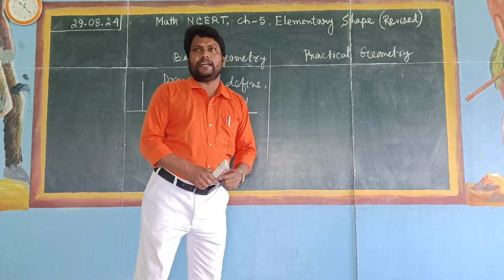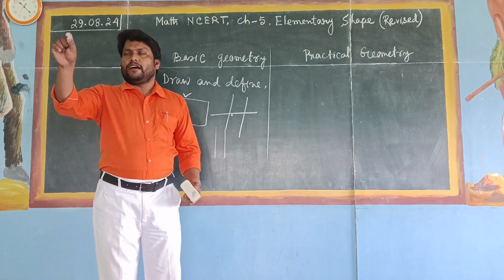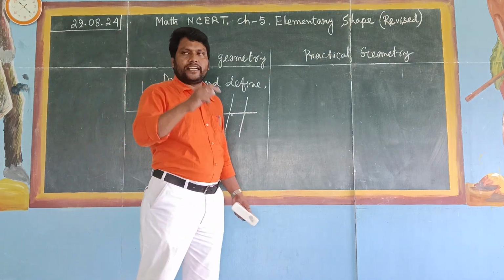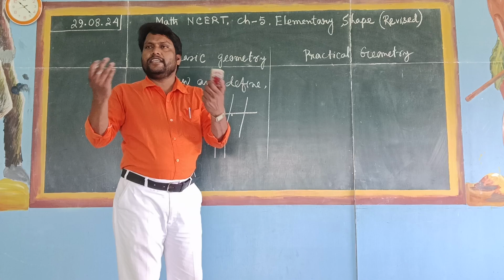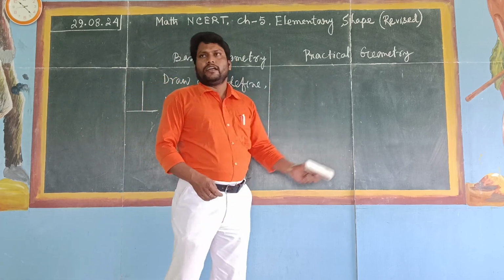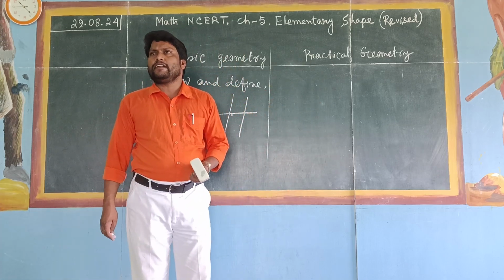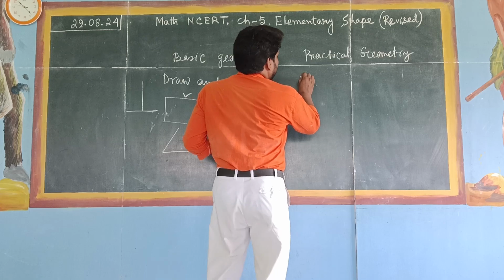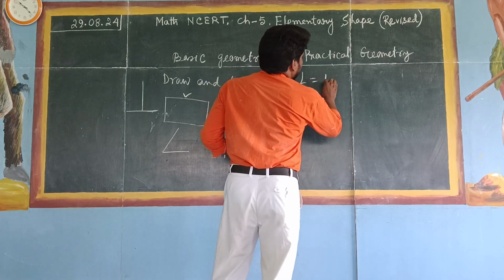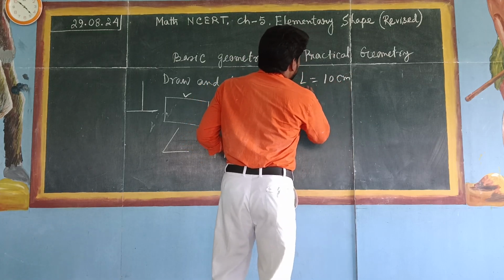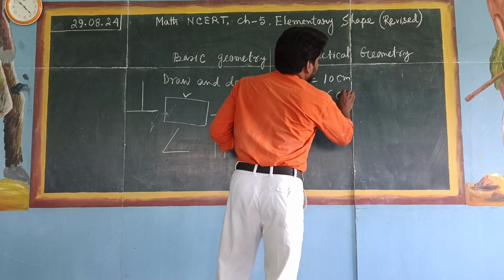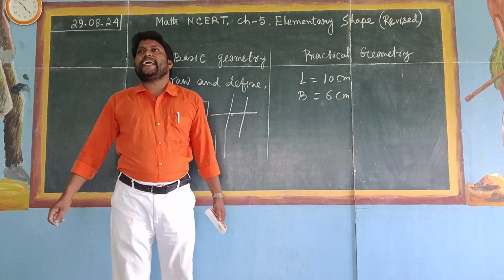But practical geometry, you have already done in chapter number 14. Why are these topics called practical geometry? Suppose length 10 centimeter, breadth 6 centimeter. Now draw a rectangle.